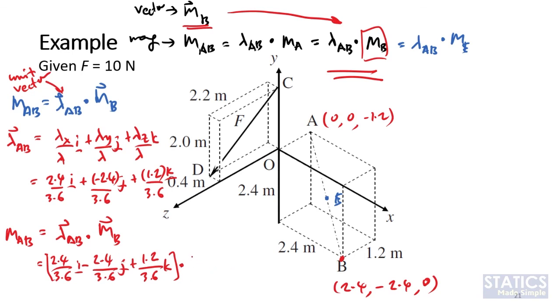To be general, let's say MB has a component along I, a component along J, a component along K. Since we have not calculated this before, it's okay, just leave it like this.